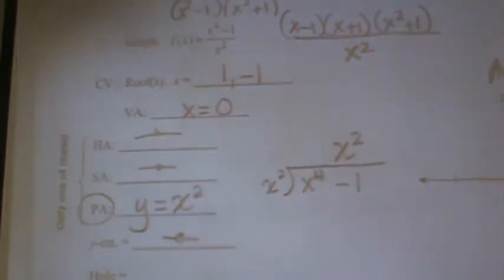We have two zeros at -1 and 1. Our y-intercept, well, if we put a 0 here and a 0 there, you can't have any y-intercept because it's an asymptote. There is no hole because I'm not crossing anything out. So we're good. Now how do we do this exclusion chart?